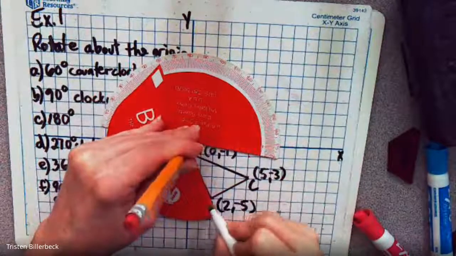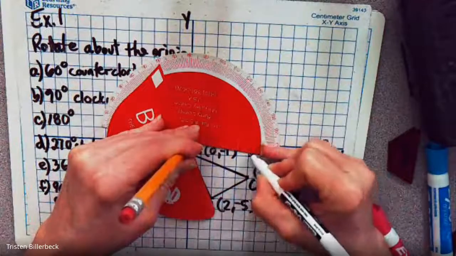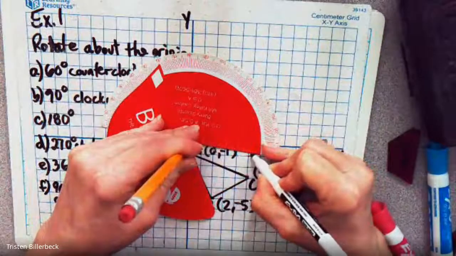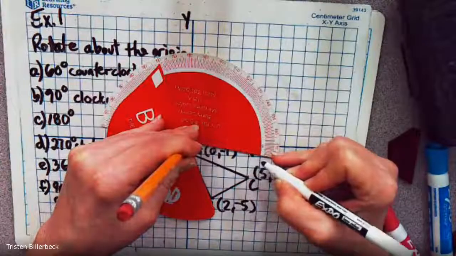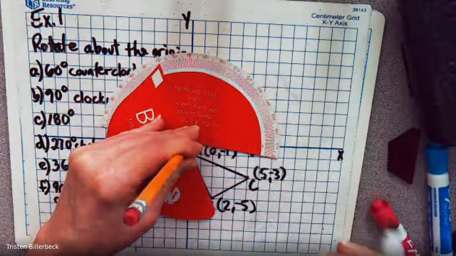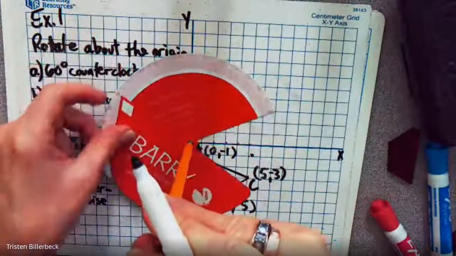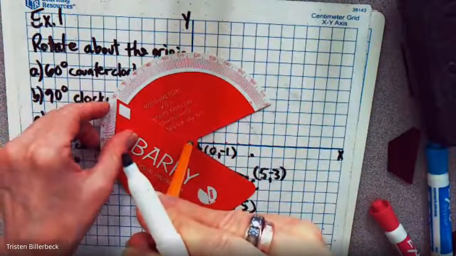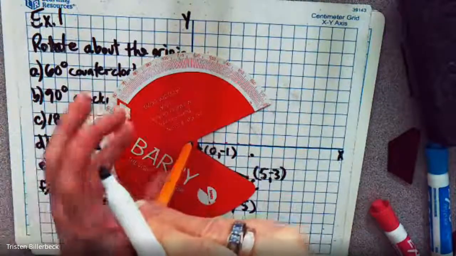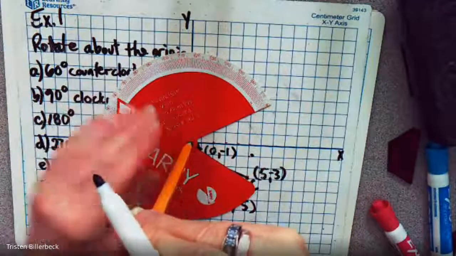And I see that point's about 5.3. So at about 5.3, I'm going to make another point. Then I hold it at 60 and rotate it around to C. C is about on my little measuring device right here.